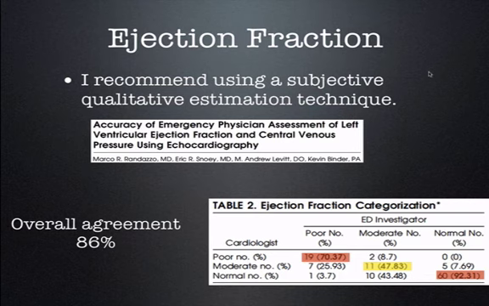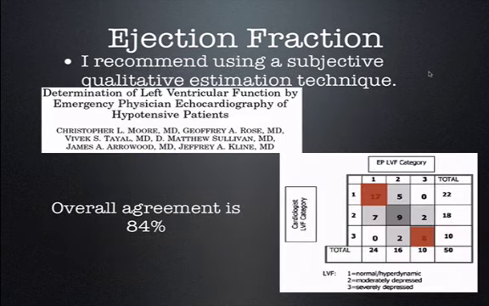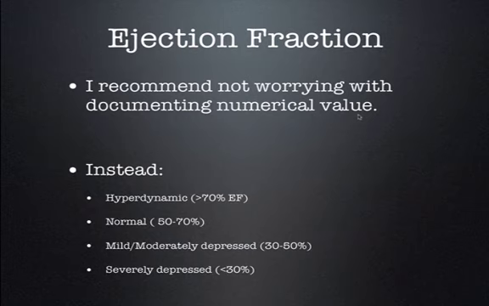And they were just using a simple qualitative technique. Here's another study, again, comparing emergency physician to cardiologist. In extremes, there was very good agreement, 84%, using a qualitative assessment. Overall, I recommend not worrying about documenting the exact numerical value. Just say hyperdynamic, normal, mild to moderately depressed, or severely depressed.